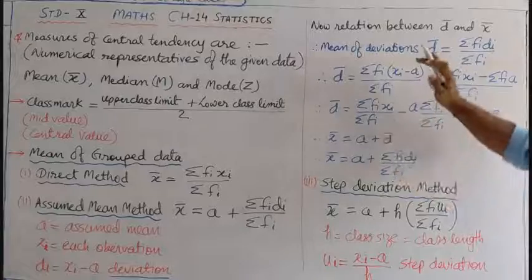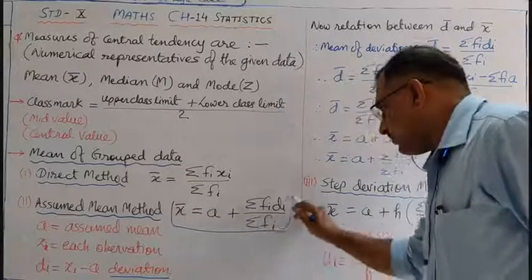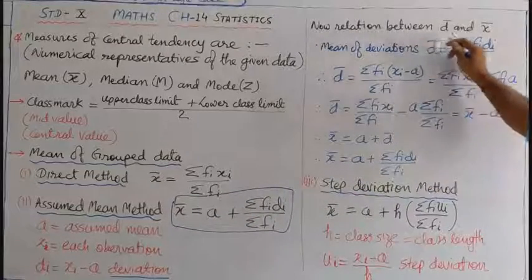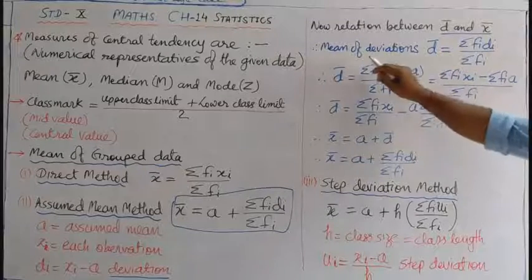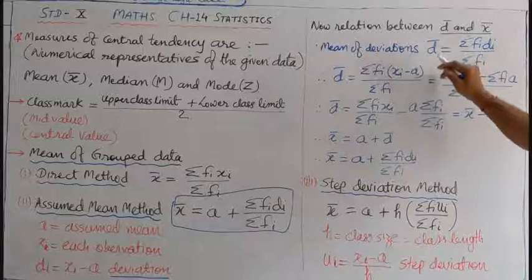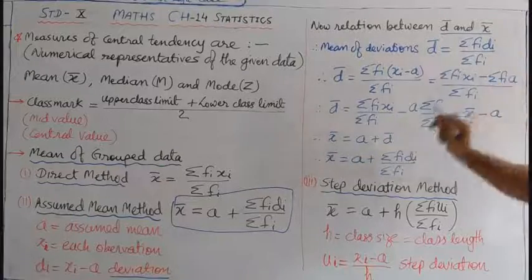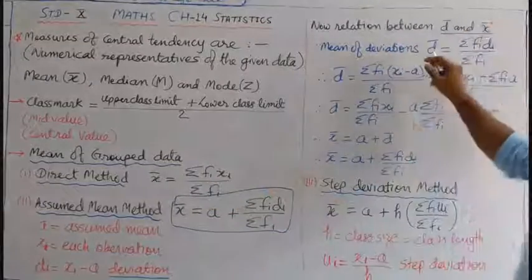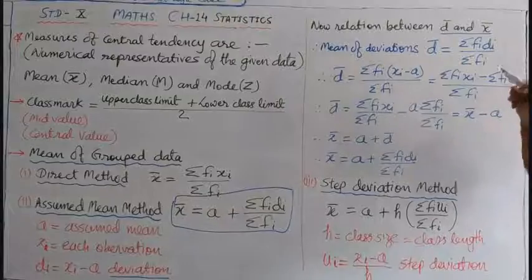So let us derive this for assumed mean method. So here you can see relation between deviation and mean. Mean of deviations, that is d bar, that is summation of fi Di divided by sigma fi.